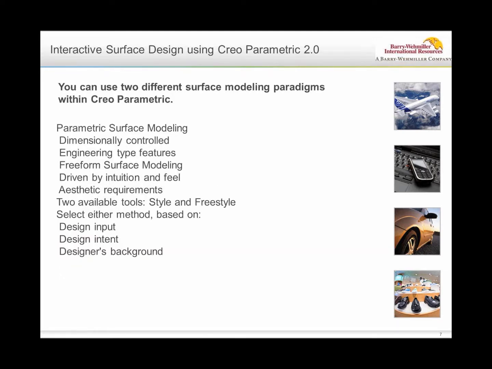Two different surface modeling paradigms, right? So the regular basic surface model is one paradigm, and then it's dimensionally controlled. It's for engineering type features. Then you have freeform surface modeling. It's more driven by intuition and feel, right? Aesthetics. It looks good. It feels good.